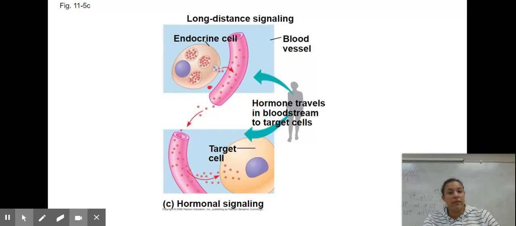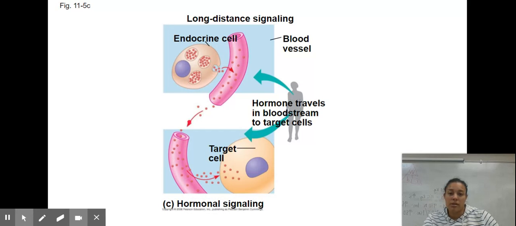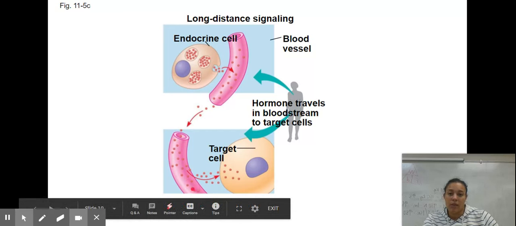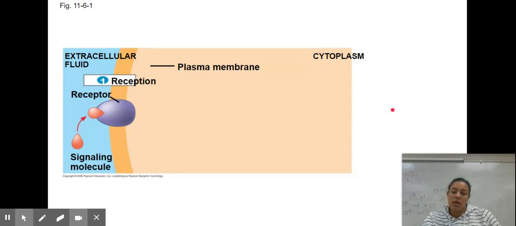It could go to the liver or to further cells, but it travels throughout the bloodstream and takes a longer route. So these signaling molecules are the longest lasting of them all because they have to travel the furthest, so they will survive the longest. But think endocrine and hormones, and those are linked together.